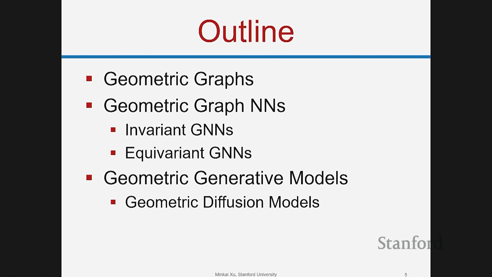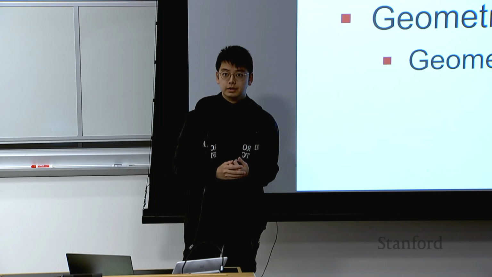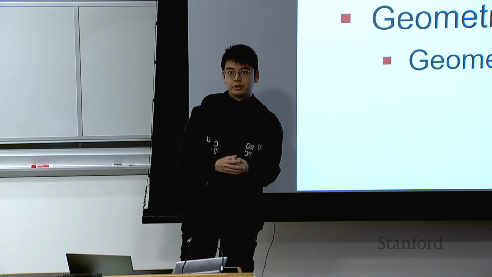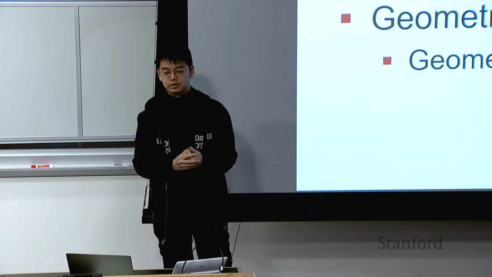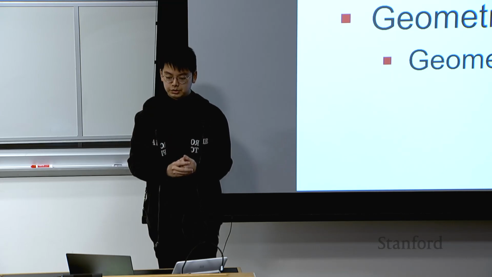And the second part is, okay, now we know what a geometric graph is and we know the difficulty of learning on geometric graphs. Then how do we develop an effective model for a geometric graph? So we introduce mainly 2 classes of graph neural network for geometric graphs.